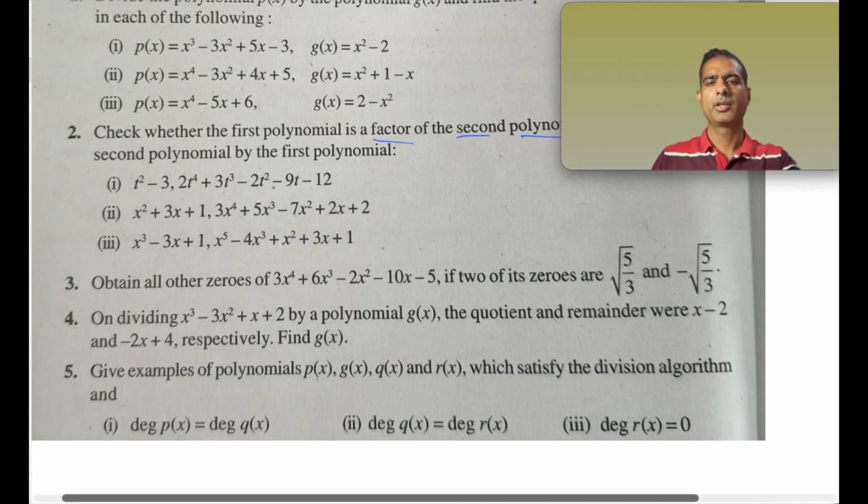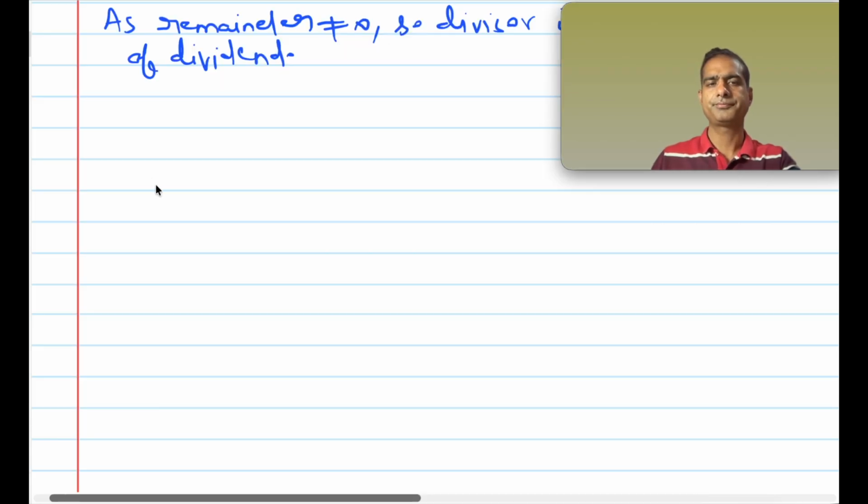As we discussed, this is the reason why we learned dividing two polynomials, because its degree is 4 and two of its zeros are given, so I can convert this polynomial into a quadratic polynomial which can be factorized easily. So let us try to solve this question.